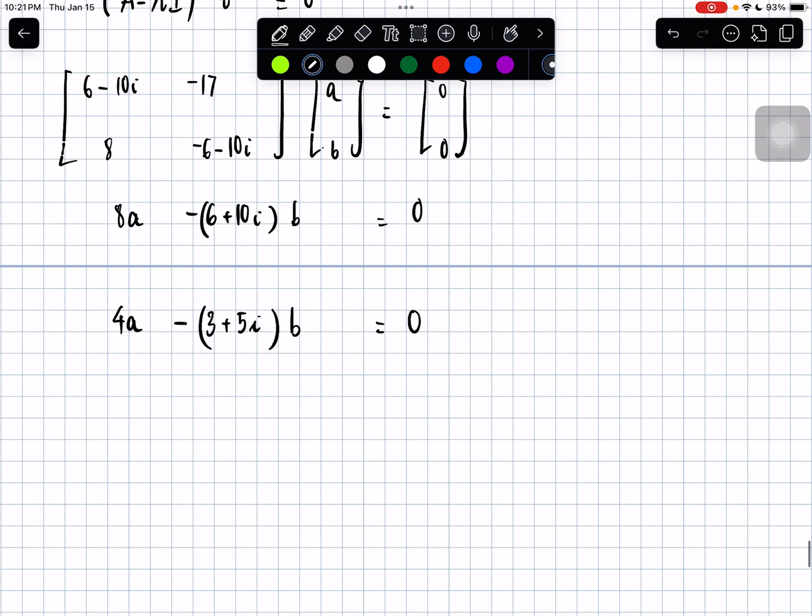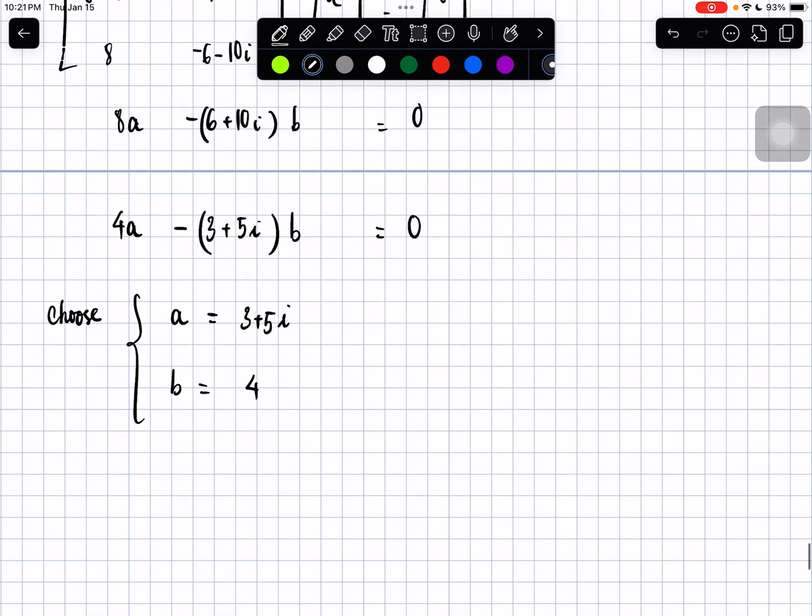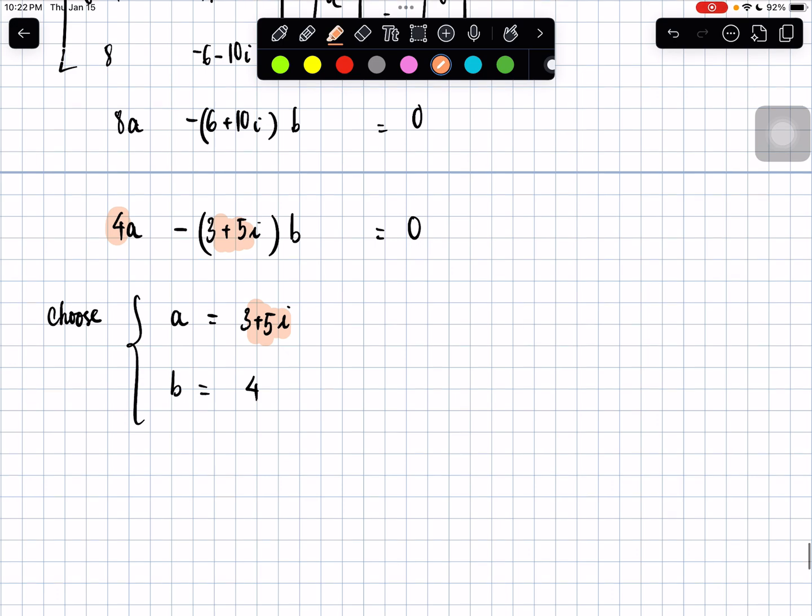So we can choose a to be 3 plus 5i, and choose b to be 4. So we see that 4 times this minus this times 4 equals 0.